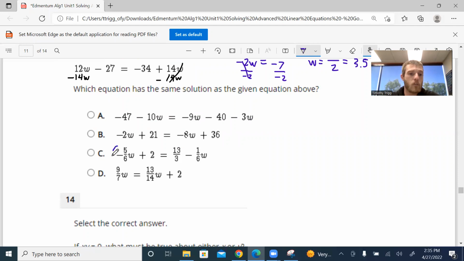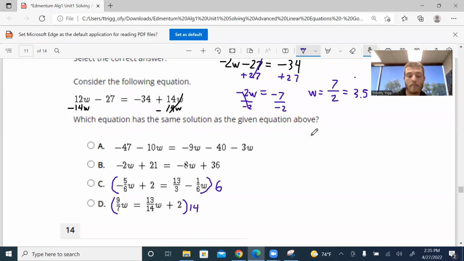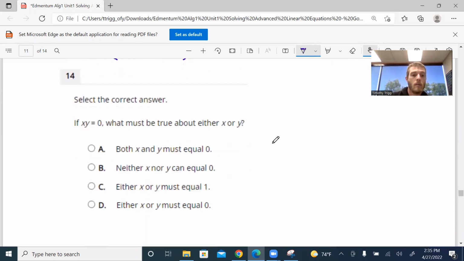But if you get to letter C, keep in mind you would multiply everything by 6 to cancel out your fractions. For this one, you would multiply everything by 14 to cancel out your fractions. Okay, I don't know if it's one of those answers. You might want to try these A or B first to see if you get this.